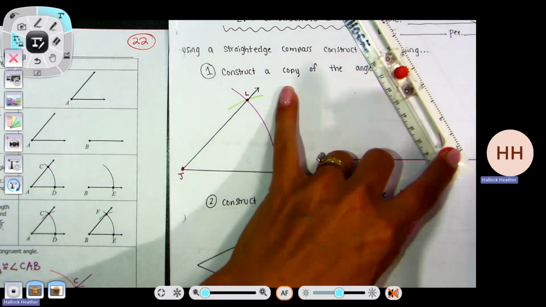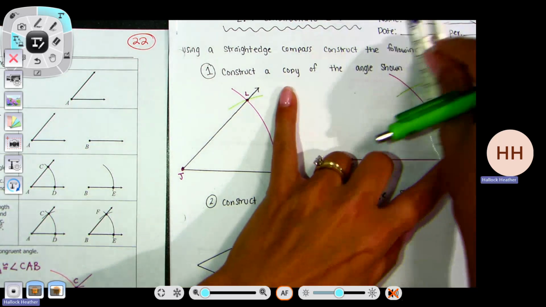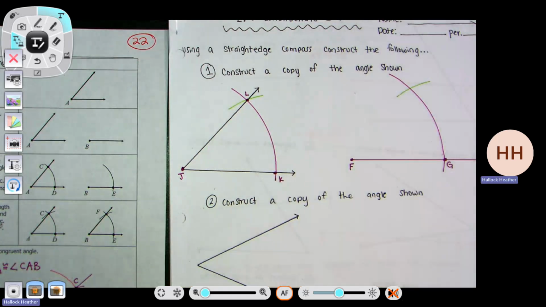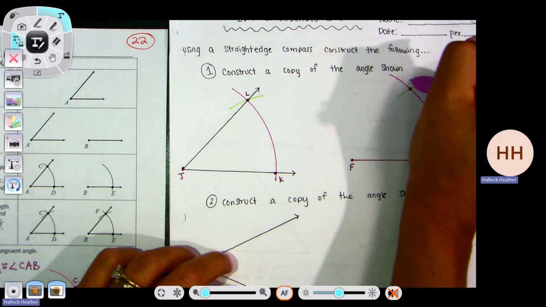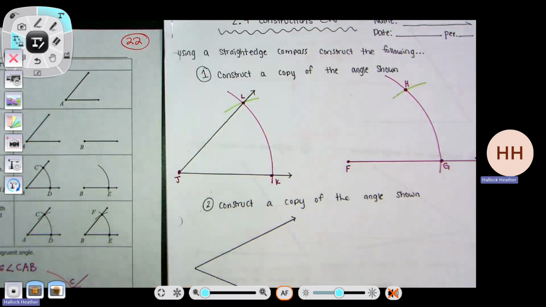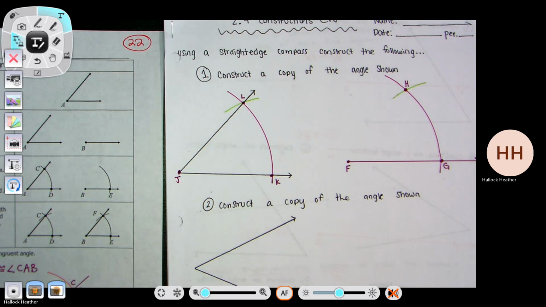That's how I know where point H will go. Because I'm measuring the distance of the actual angle. I'm measuring the opening using a compass. FGH, yeah, so this is H. Then you can connect H to F. So the hardest part of copying an angle is you are measuring the opening of the angle.